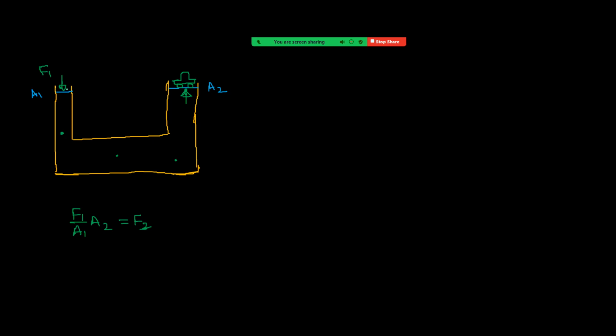In that case, even for a small force, we can get a larger force. That means with a small force, we can lift heavy objects. This is the principle used in hydraulic lifts. Hydraulic means we are using liquids.